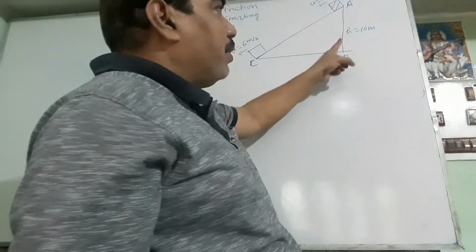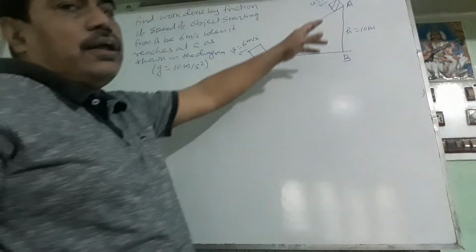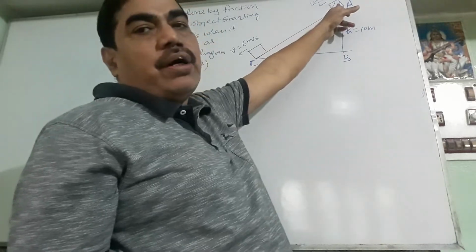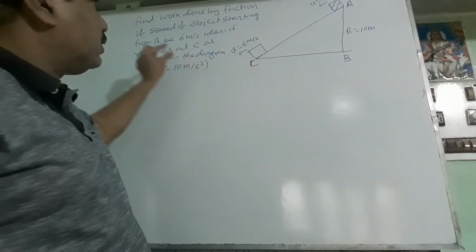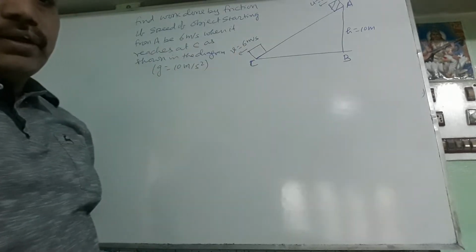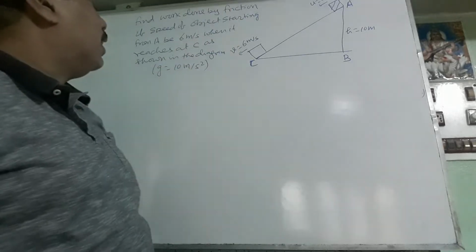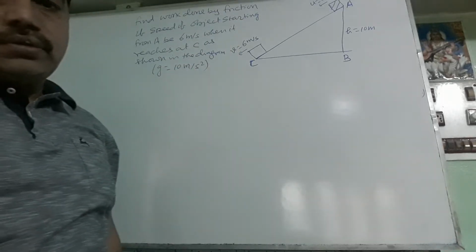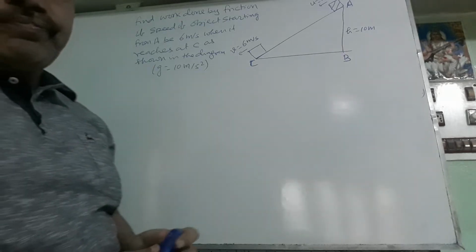This height is given from the horizontal, it is 10 meter. It starts moving from point A, and when it reaches point C, it acquires a speed of 6 meters per second. Now you are asked, what is the work done by friction?